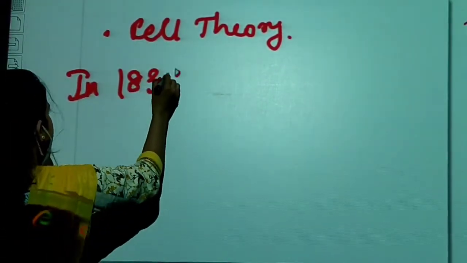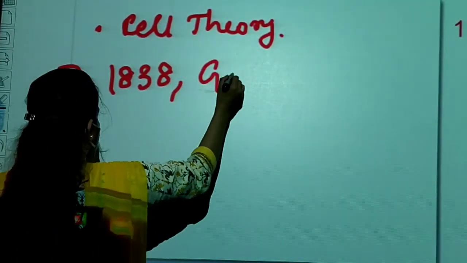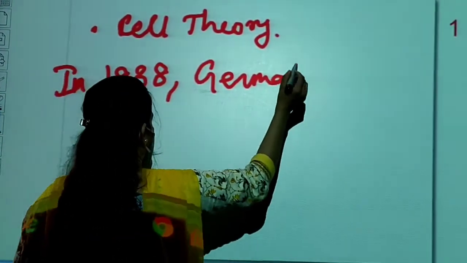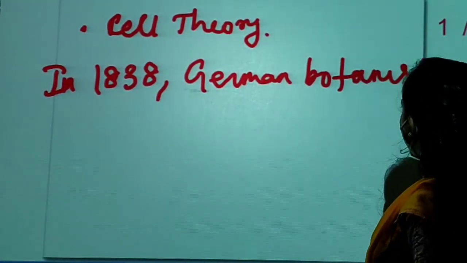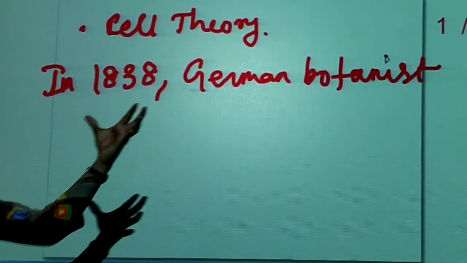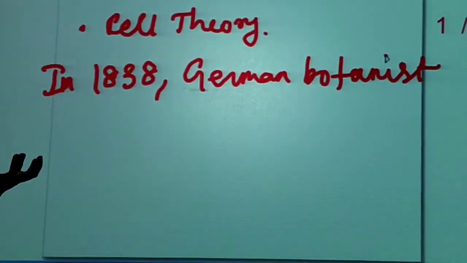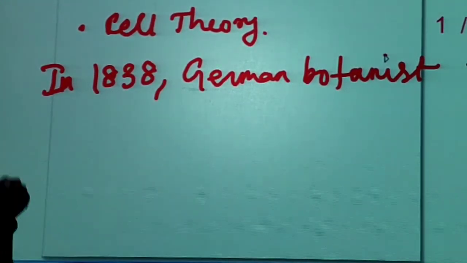In 1838, a German botanist discovered that plants are made up of a large number of cells, and these cells perform various life processes.